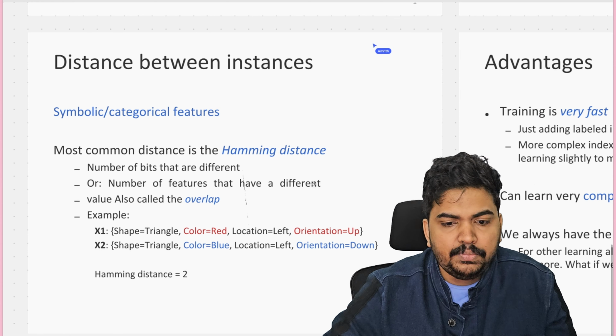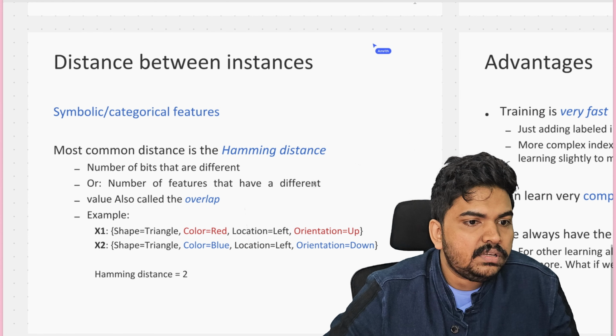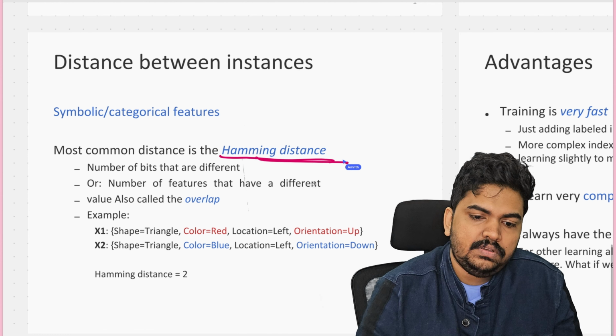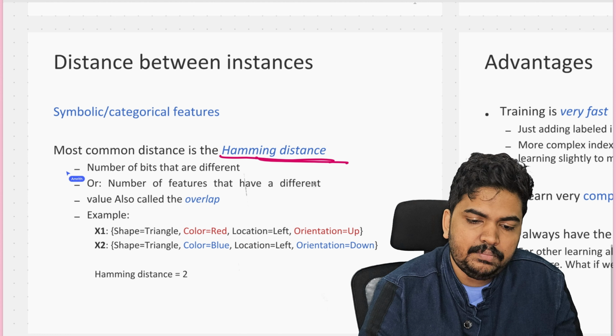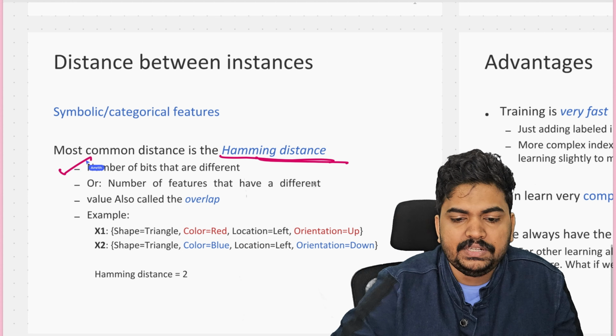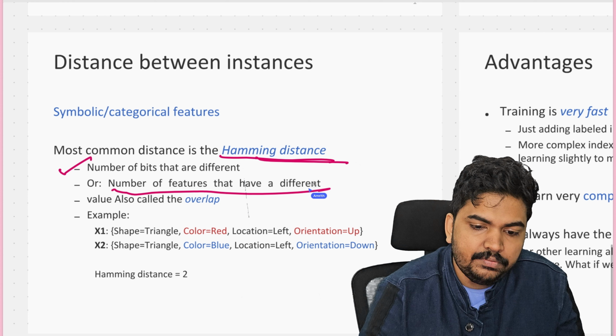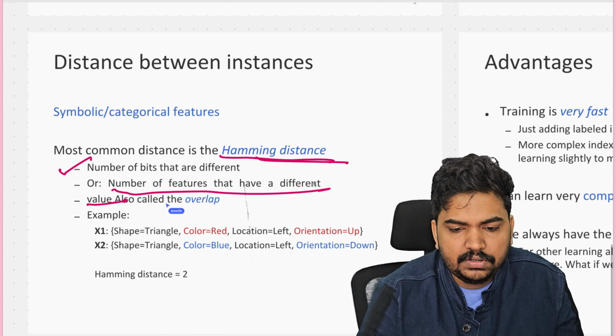And when it comes to symbolic or categorical features, the most common distance that we use is the Hamming distance. It basically tells the number of bits that are different, or the number of features that have a different value. It can also be called the overlap.